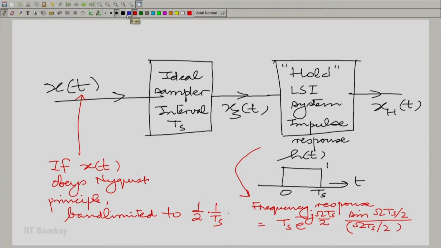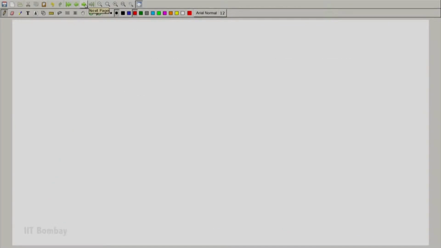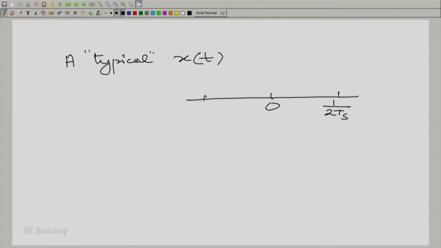So, let us take a spectrum, a typical prototype spectrum as you might have. Suppose it is band limited. Let us first make life simple by making the band fall smoothly from 0 onwards, a spectrum something like this perhaps.